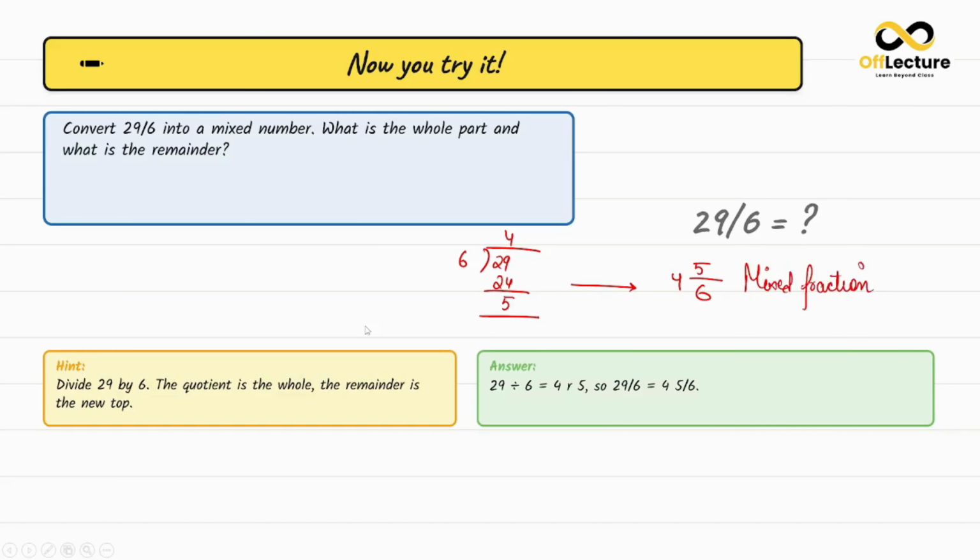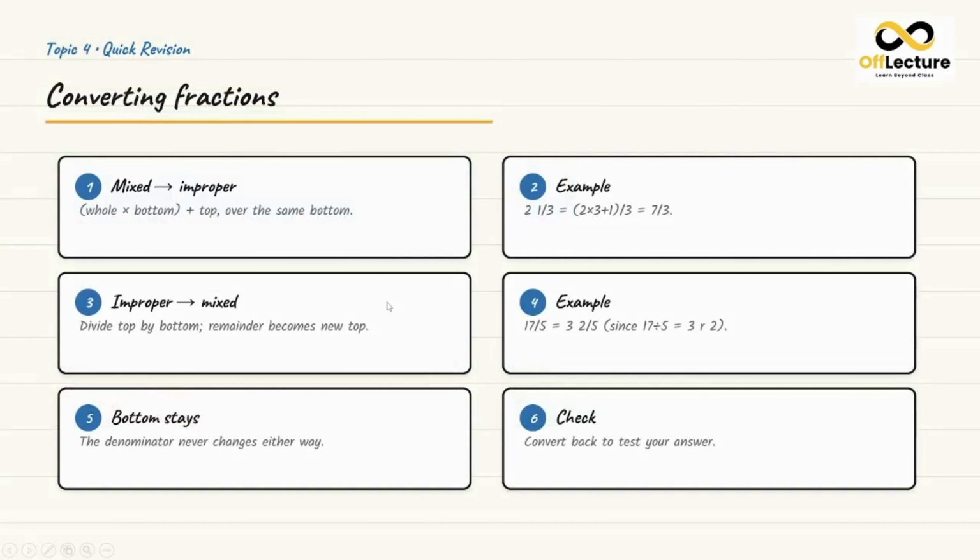Okay, I hope this is clear. So in topic 4 we understood how to convert a mixed number into an improper fraction. Then we understood how to convert an improper fraction into a mixed fraction. We also understood that in this kind of conversion, whether converting mixed into improper or improper into mixed, the bottom, that is the denominator, always remains the same.